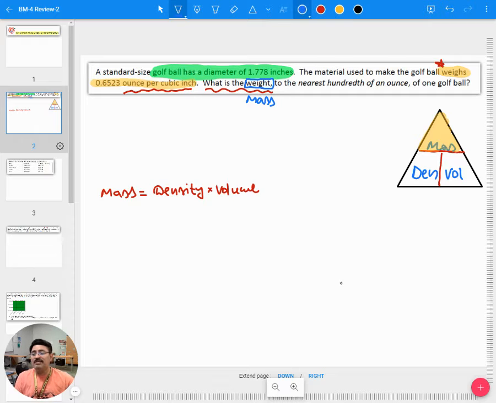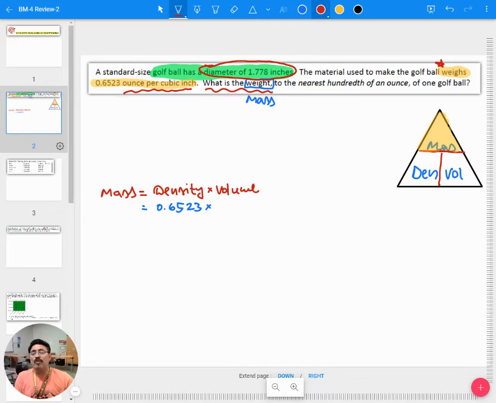Therefore, in place of density, let me plug in 0.6523 times the volume of the ball. Please notice that the diameter is given, but volume is not given. My apologies.